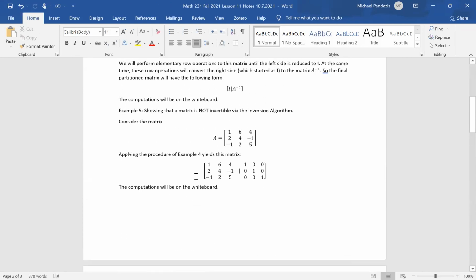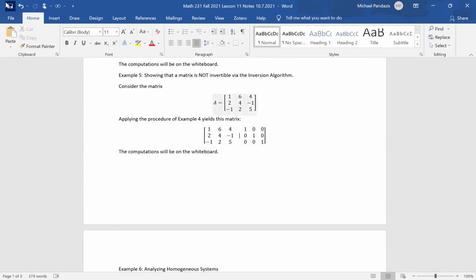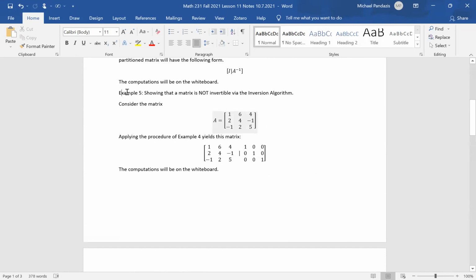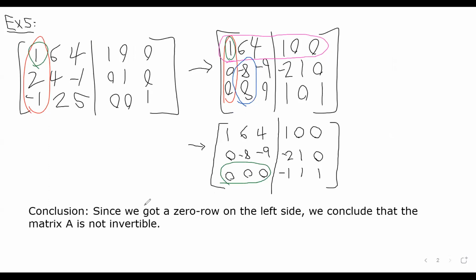So in the matrix from example 5, we found that it was not invertible. Our conclusion was, since we got a non-zero on the left side, we conclude that matrix A is not invertible.